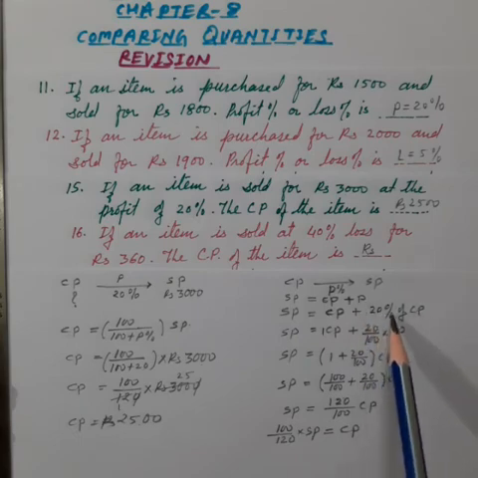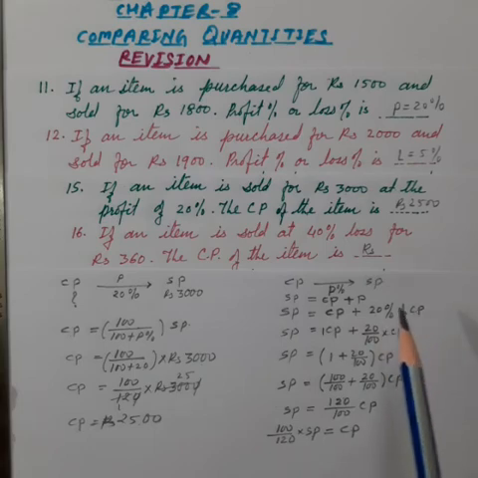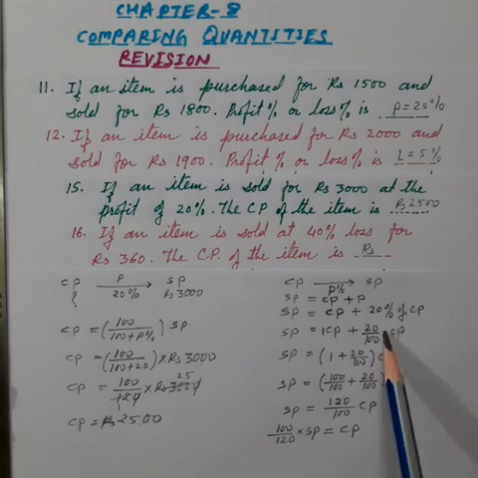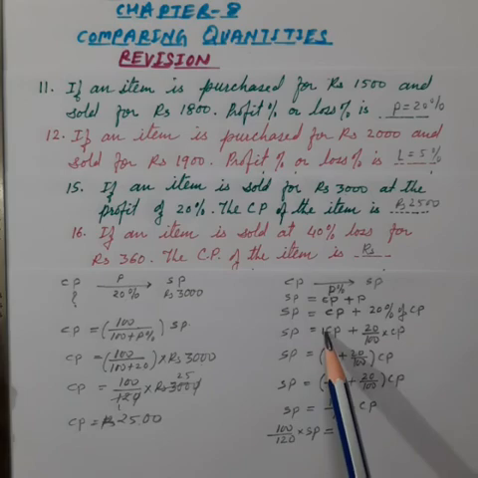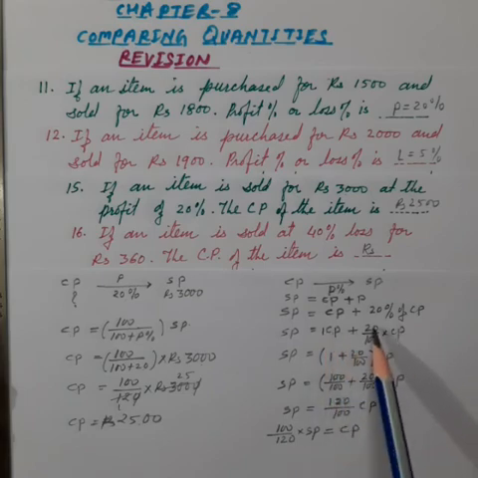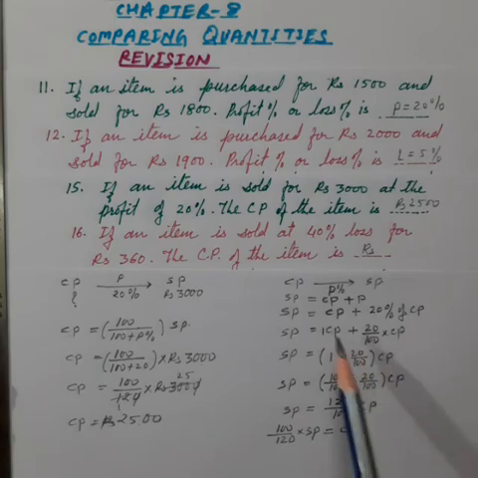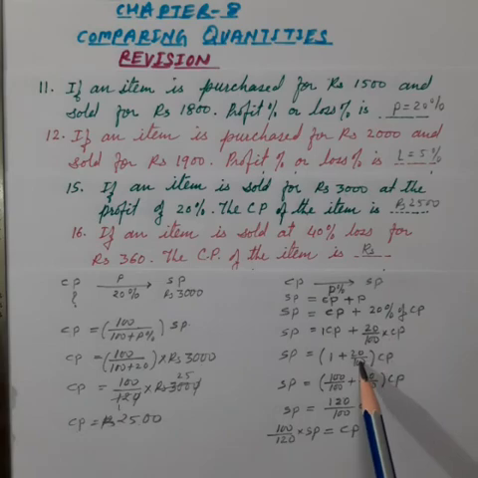So profit is 20% of cost price. 20 for percent, write 100 in the denominator, of means into and a cost price. In both the terms cost price is there. This is one time cost price and this is 20 by 100 times cost price. Take cost price common. Here 1 will be left plus this is 20 by 100.